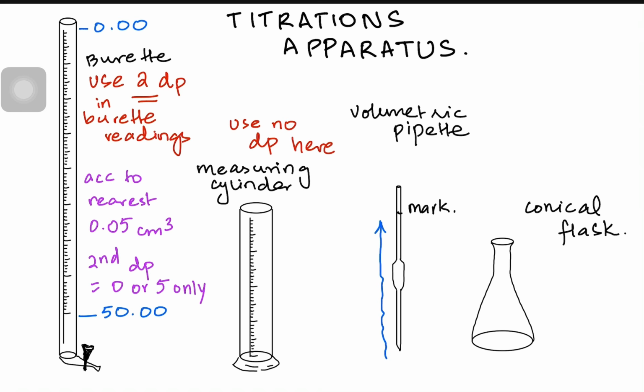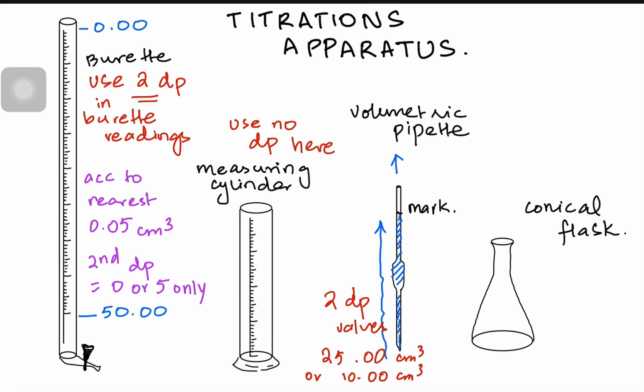You put it in the liquid, whichever container that is, create a suction, and the volume is filled till the mark. Make sure pipette values are also written up to 2 decimal places. For example, 25.00 centimeter cube or 10.00 centimeter cube.